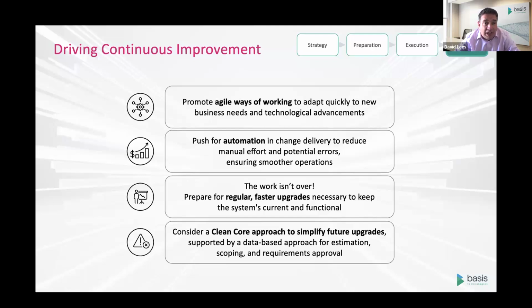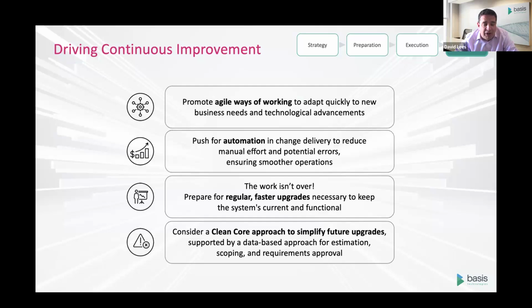Are you always clear on what the impact of those changes are? But start to consider the S4 project as a catalyst to change the way that you're working, both in terms of moving towards a more agile delivery approach, being able to deploy change more frequently into your production systems, looking to drive more automation.